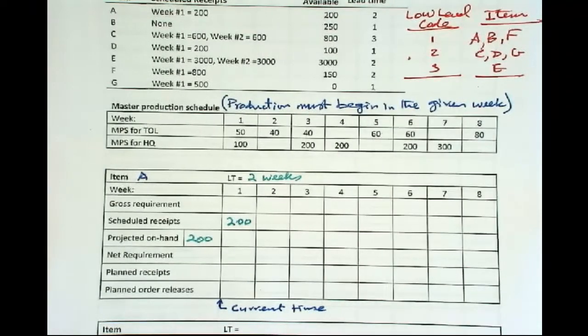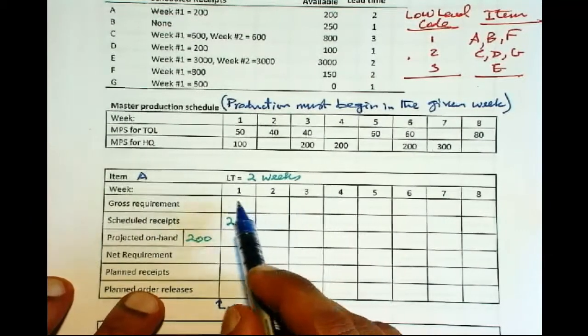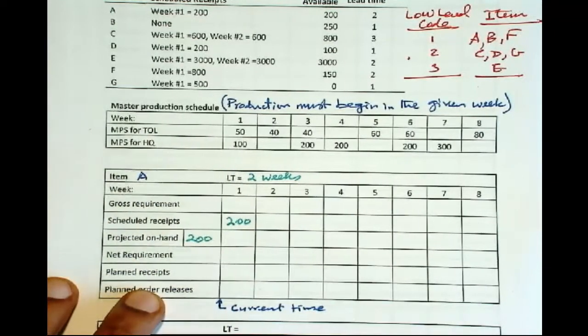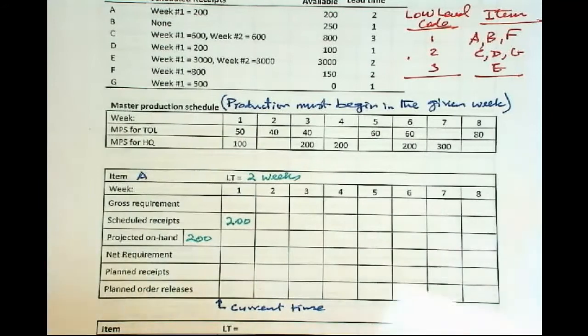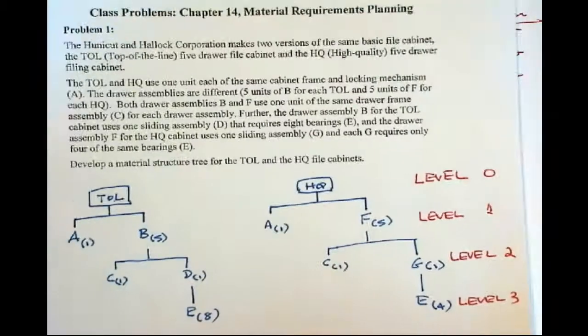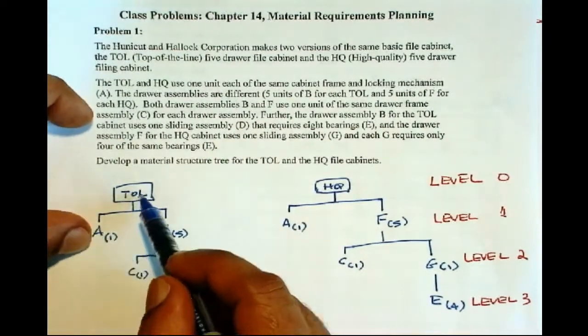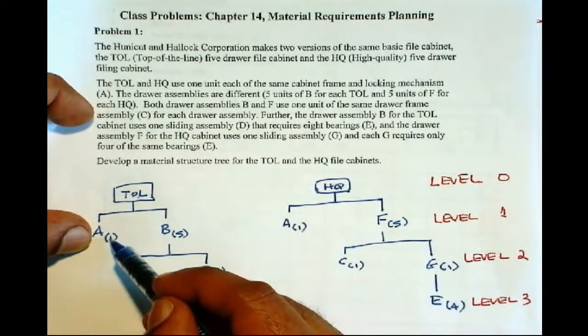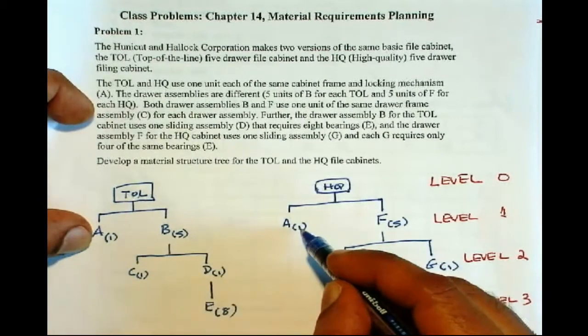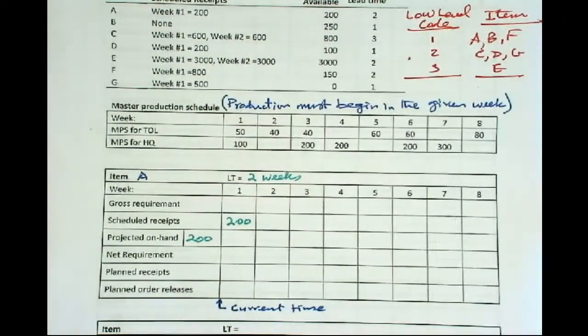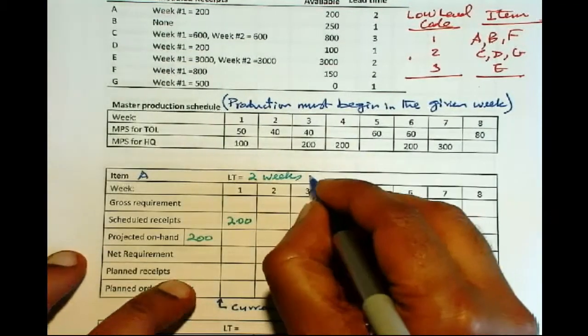Now we're going to compute the gross requirements first. So for A, what are the gross requirements? And the gross requirements for A come from its parents. And we have from the bill of materials, okay, there are 2 parents, 1 unit of A for each TOL and 1 unit of A for each HQ. So let me write that out here.